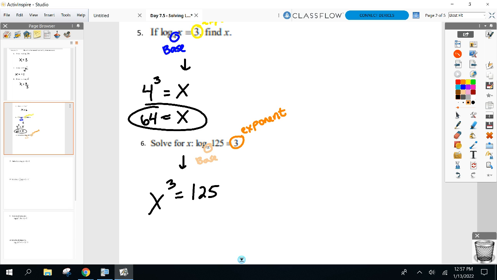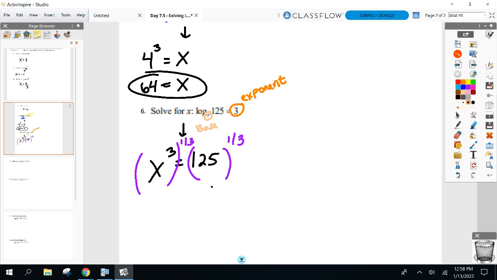How do I get rid of the 3 other than cube rooting it? Elliot, raise it to its reciprocal. Raise each side to the what? No sign change. Just 1/3. Yep. Raise it to its reciprocal if you want to get rid of it. Or again, you could take the cube root.